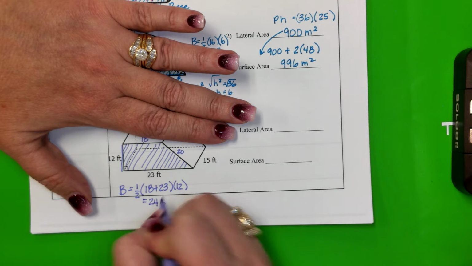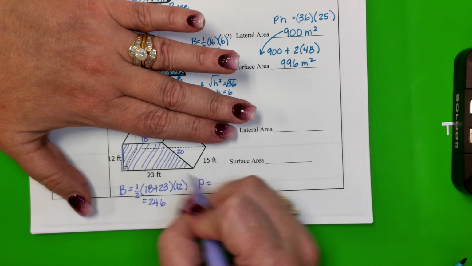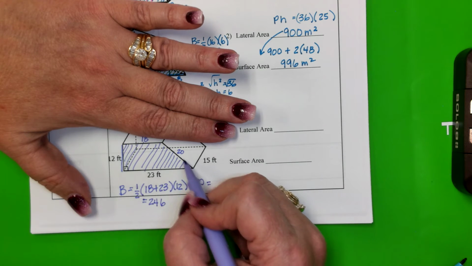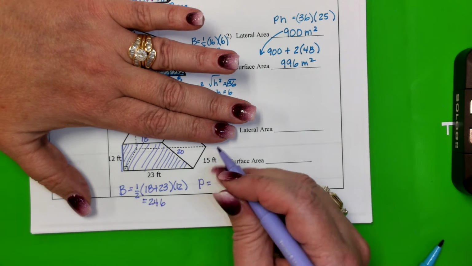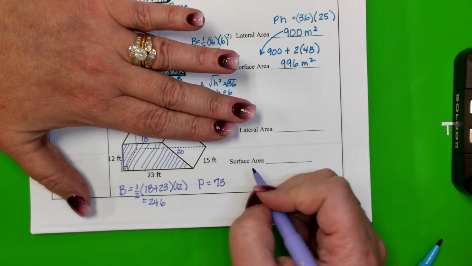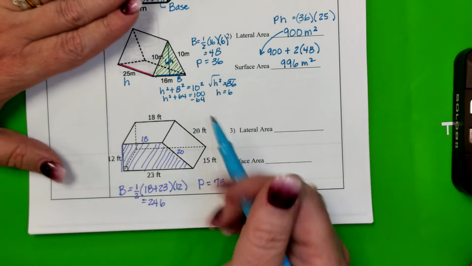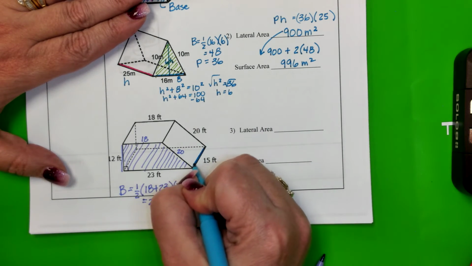So the area of the trapezoid is 246. The perimeter of the trapezoid is 12 plus 23 plus 20 plus 18. So the perimeter of the trapezoid is 73. Then I need the height. Remember, it's the distance between the bases. So the distance between the bases is 15.